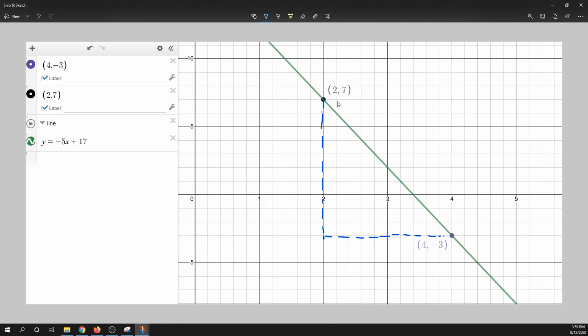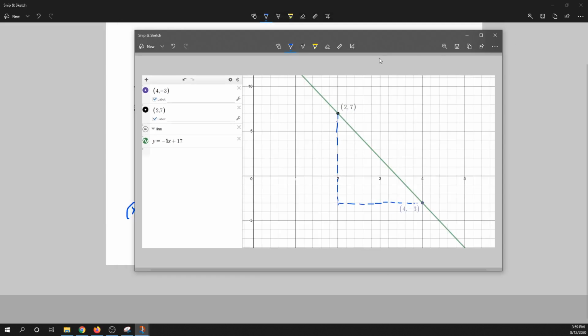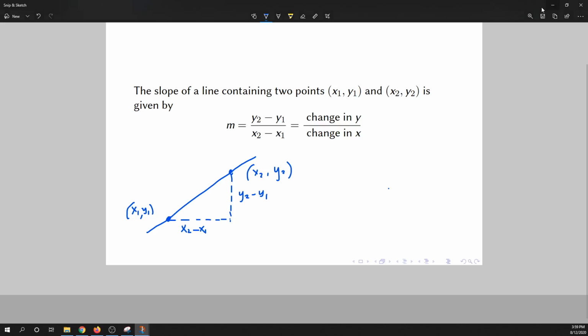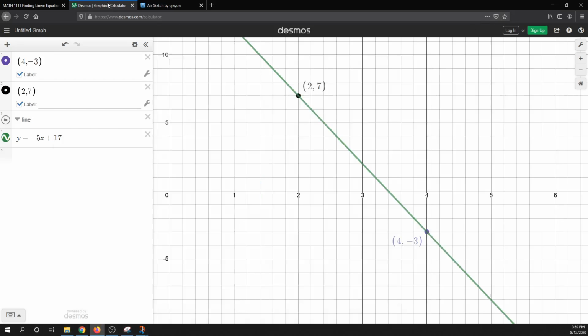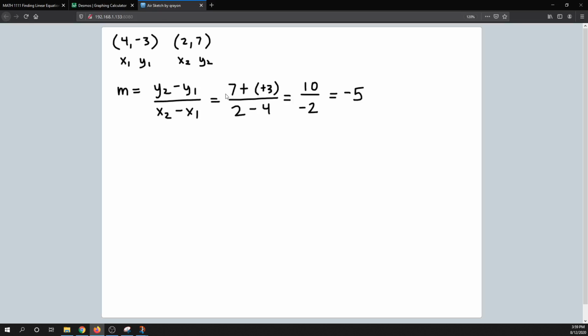And then when we made that calculation, on top of the fraction we had 7 minus a negative 3, right?